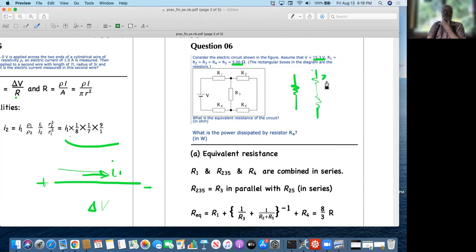So here's 2 and 5. The resistance of 2 and 5 will just be 2 times R, because you just add the resistances. And now that's in parallel with R3. So the resistance of this combination will be, well, let's calculate 1 over R plus 1 over 2R. That'll be 3 over 2R.